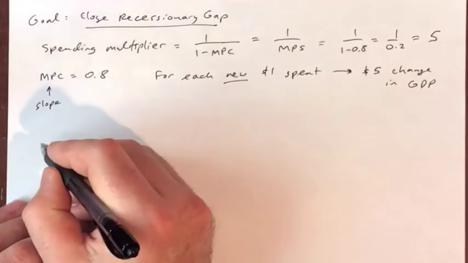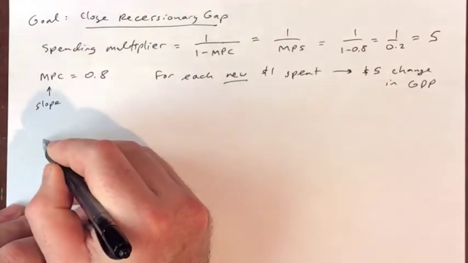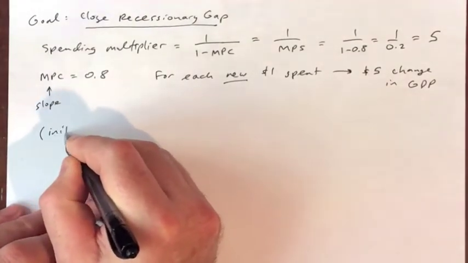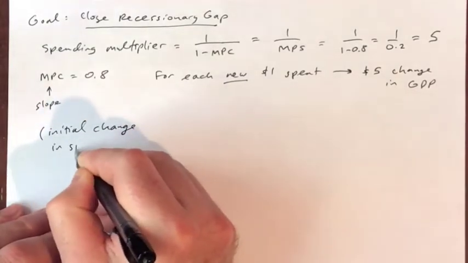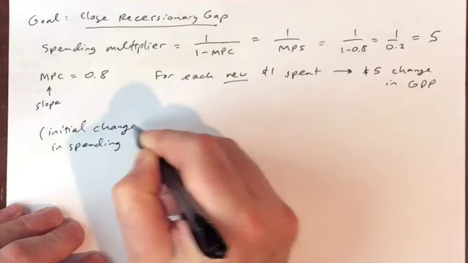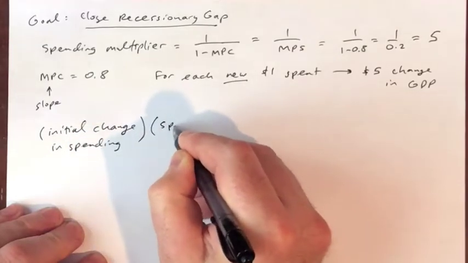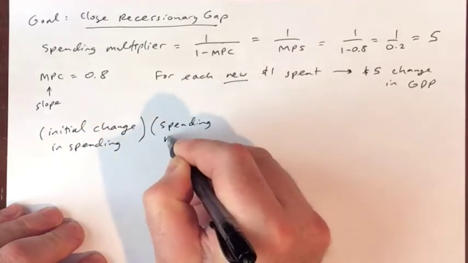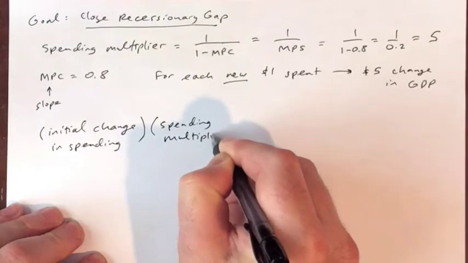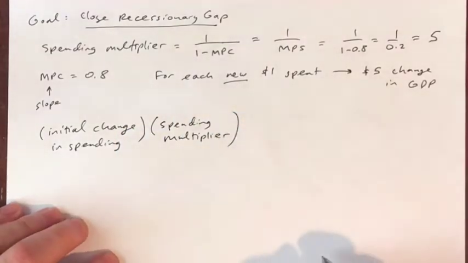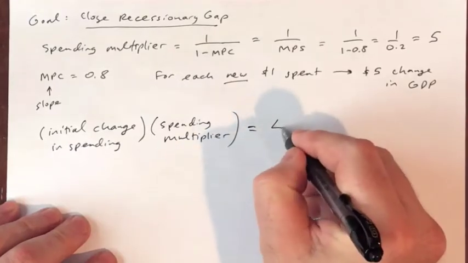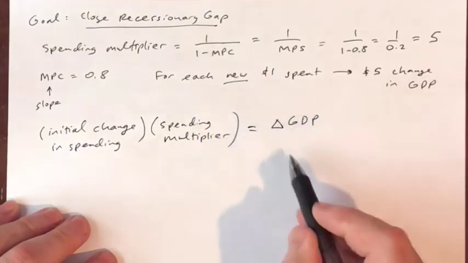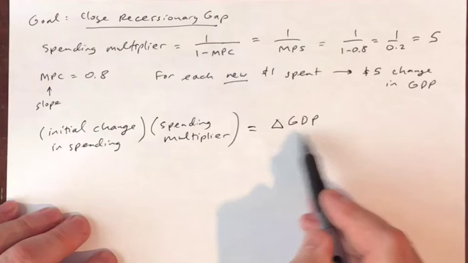So we are going to say the initial change in spending times this spending multiplier, that's why it's called a multiplier, because we're going to be multiplying by it. That's going to give us the change in GDP, delta GDP, and that's what we're looking for.